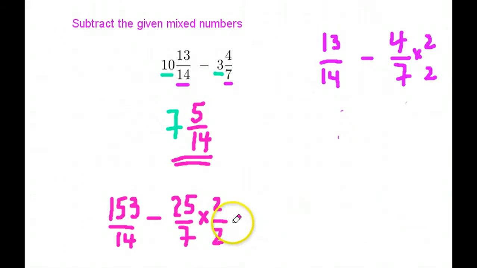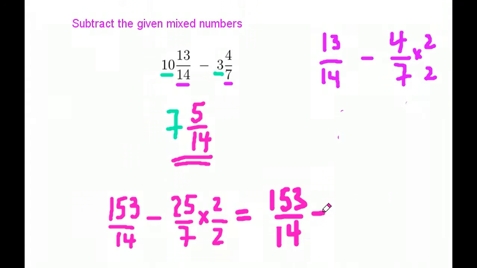Now coming back, when we multiply 2 by 25, it is 50. 2 by 7, it is 14. So let me bring the whole thing as it is, 153 over 14 minus 50 over 14.